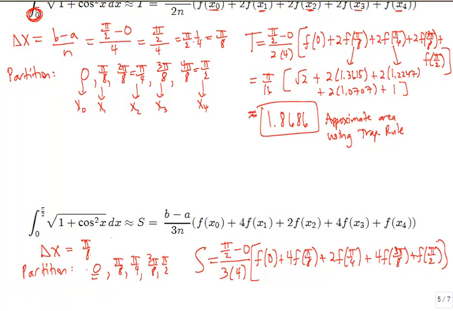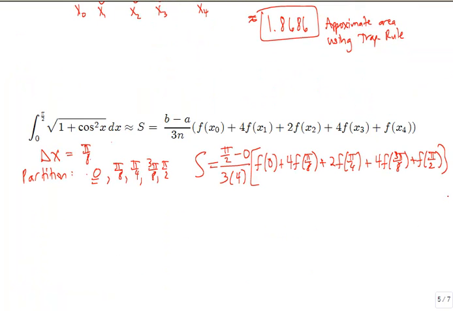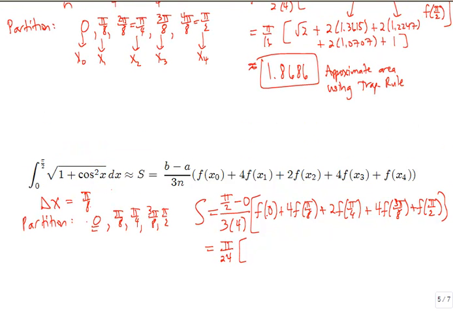So your coefficients should go 1, 4, 2, 4, 1. So other than the 3 that's in the bottom and the different coefficients in the middle, everything else is the same for how we did it with trapezoidal rule compared to Simpson's rule. So this is going to be pi over 2 divided by 12, which is pi over 24. And then you're still going to have those same f values that we used up here. We're just multiplying them by different coefficients.